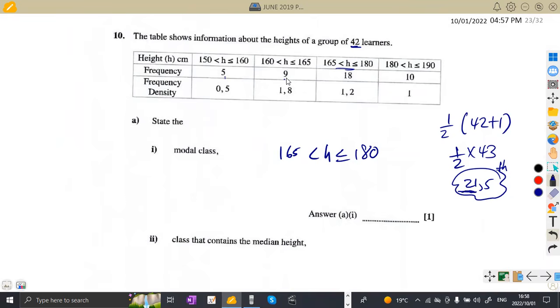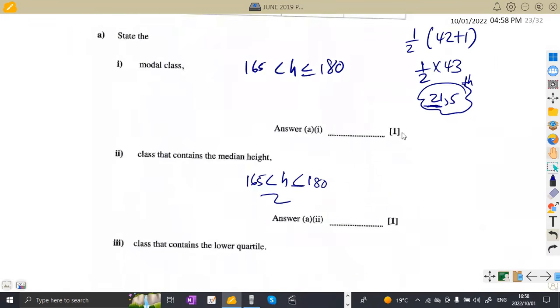We add again 14 plus 28 is going to be more than 21. So it is going to be in this region, which is the same as our modal class, h greater than 165 but less than or equal to 180. I hope this helps, guys. Make sure that you revise the basic part where we talked about this.